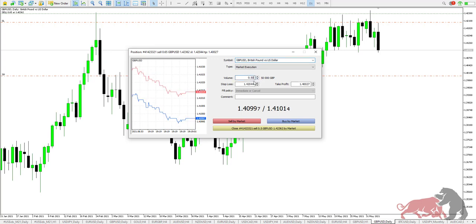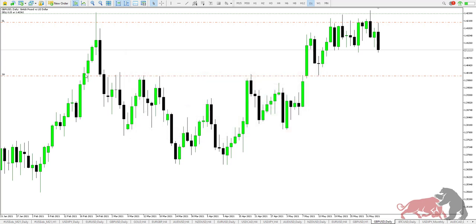I need to take off 0.4 so that I leave 0.25. Now, you're not going to click sell or buy. You're going to close 0.4 of the 0.65. Now you can see I only have 0.25 left on my position.